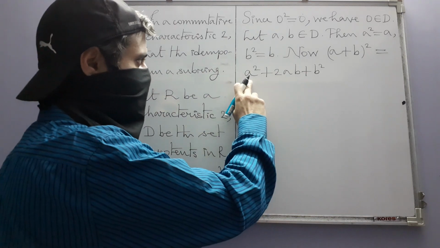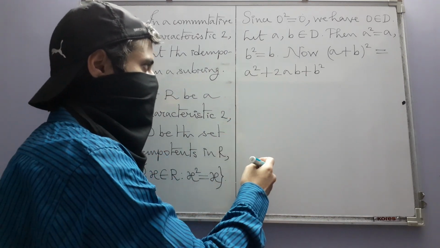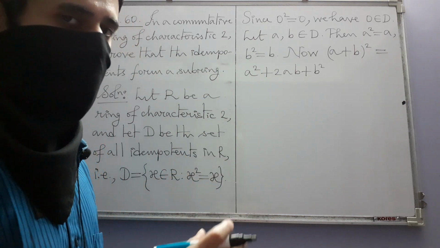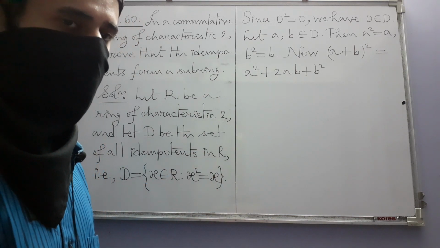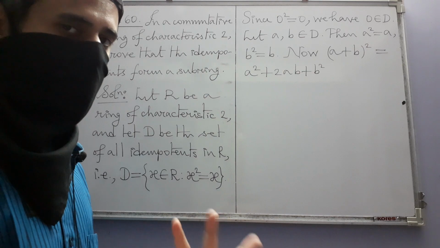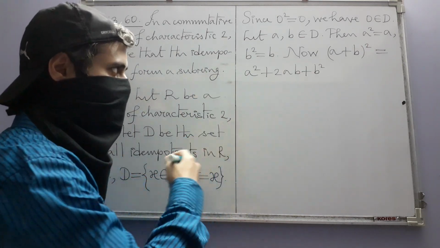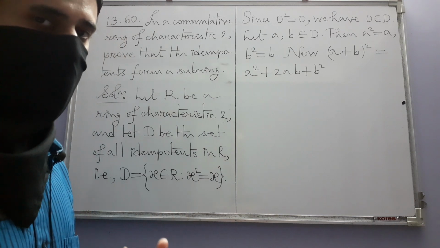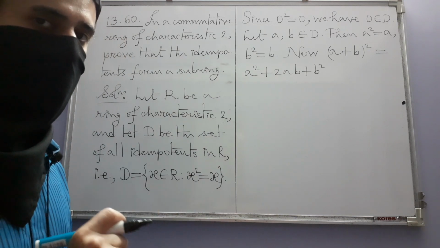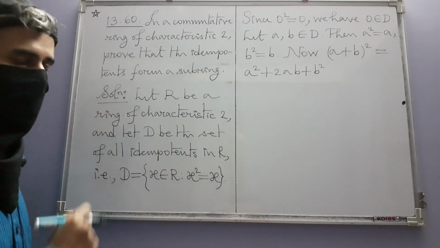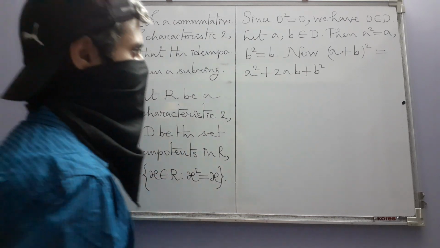Instead, you would have to write A square plus AB plus BA plus B square, and you don't know whether AB is equal to BA. For some pairs, they may be equal, but because the ring is non-commutative, there will be some pair of elements where AB and BA are different.